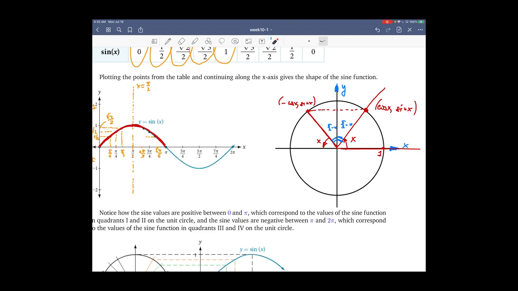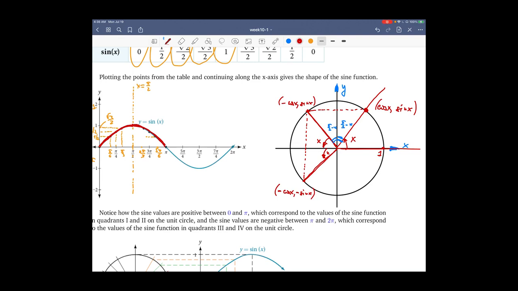If, say, this angle is x, then, of course, the coordinates of the corresponding point on the unit circle will be negative cosine x, negative sine x.